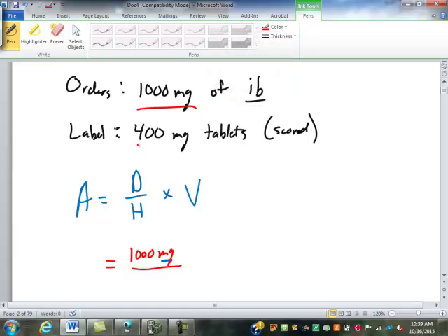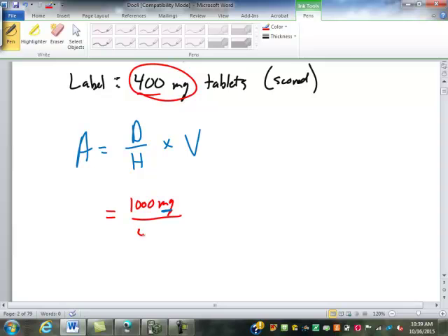So in this problem we have the 400 milligrams, which is the dose that is on hand. And then the vehicle is what carries the on-hand dose to the patient. So what carries that 400 milligrams to the patient? One tablet. Very good.